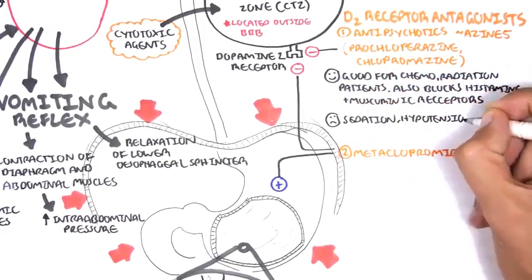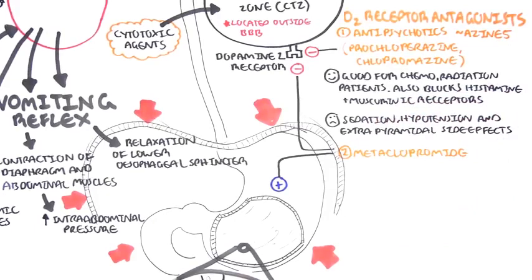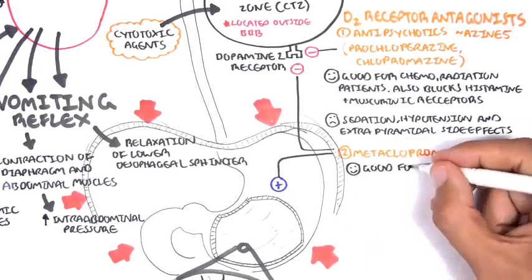The side effects include sedation, hypotension, and extrapyramidal side effects. It's important to mention extrapyramidal side effects here because this is a side effect shared by a lot of antipsychotic medications. We'll talk a little bit more about that when we get into metoclopramide, which is your next group.